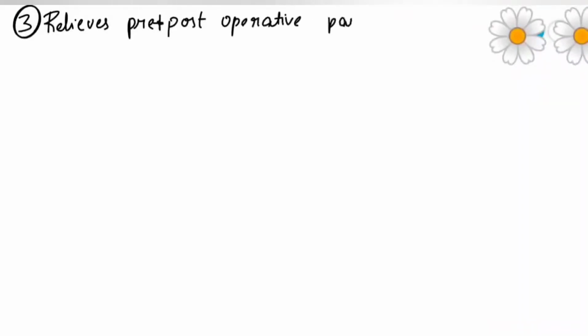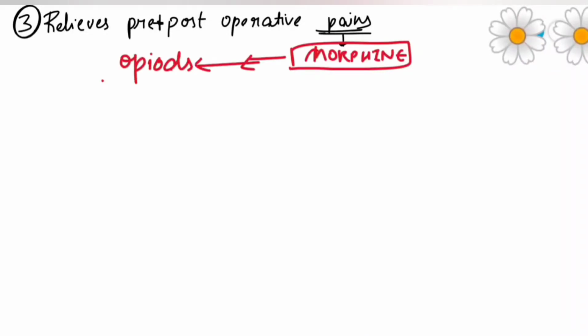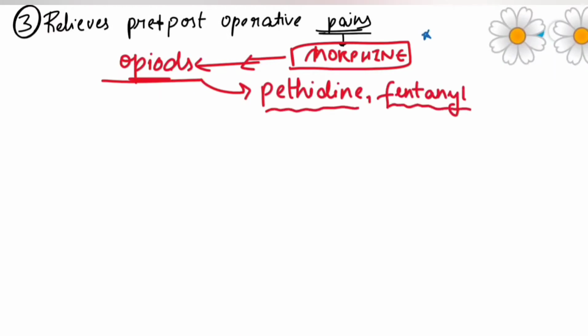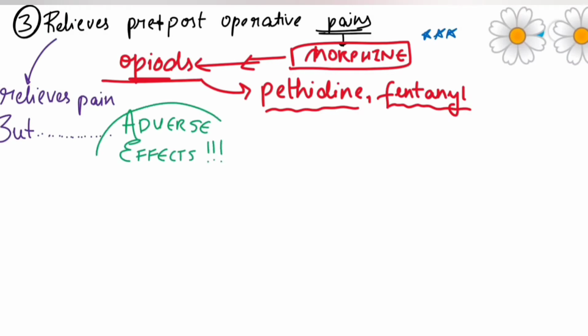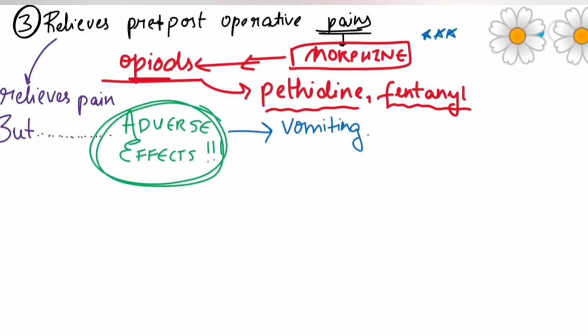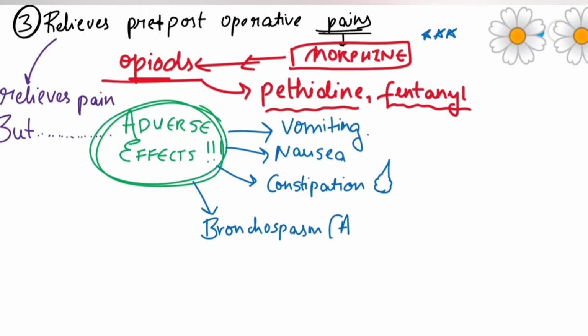Moving on to the third objective, it mainly tries to relieve pre and post-operative pains. You can consider mainly the opioid analgesics like morphine, which is the best example. You can also consider pethidine and fentanyl. These are also used to relieve pain. We know these drugs relieve pain, but they have a lot of adverse effects, mainly respiratory depression, hypotension, vomiting, nausea, constipation, biliary spasm, and bronchospasm, which is mainly seen in asthmatic patients.